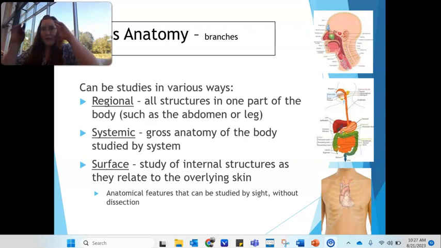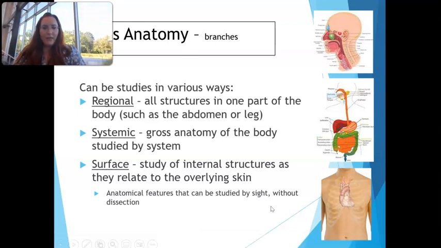Have you ever been to a doctor when you're sick and they will palpate and touch your neck where these glands are to see if they're swollen? Sometimes a doctor will touch on your tummy to see if anything's out of place, or let's say you hurt your knee. Your doctor might fiddle with your kneecap or see how your knee is moving. So we have regional, systemic, and surface anatomy.